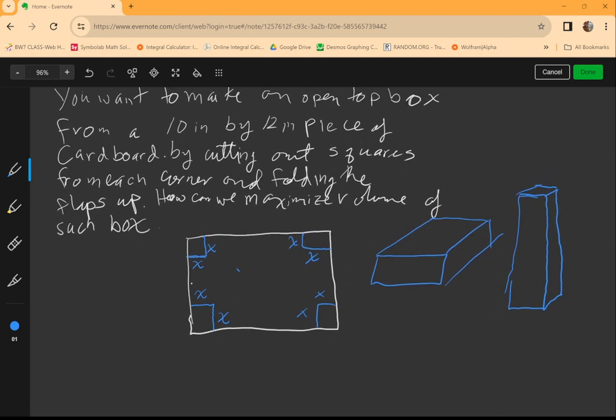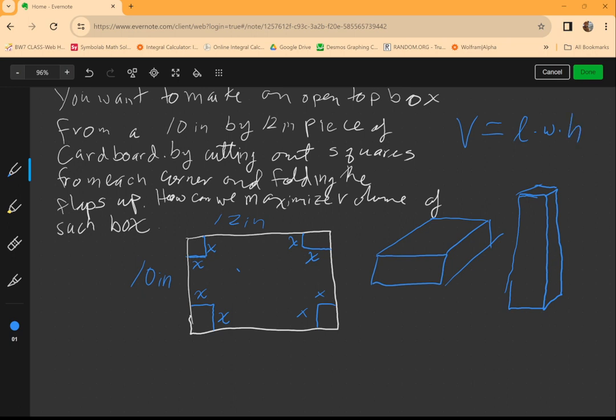So if we have something like this, we said this was 12 inches, and this is 10 inches. The volume of such a box is essentially a rectangular prism, so the volume would be length times width times height.